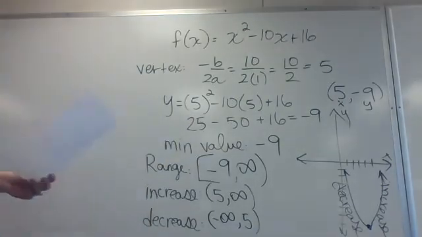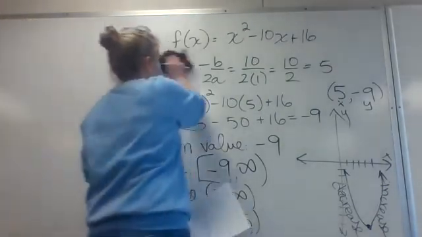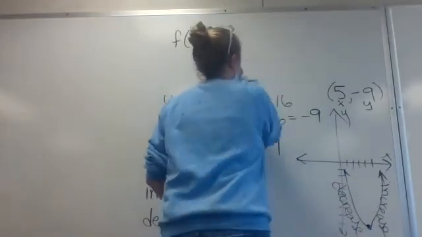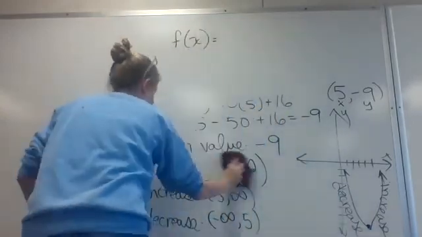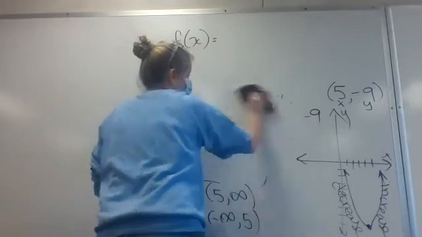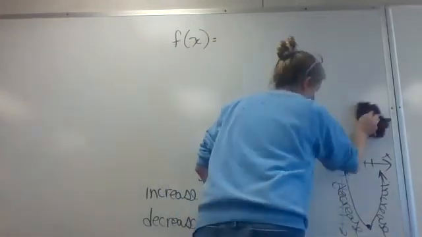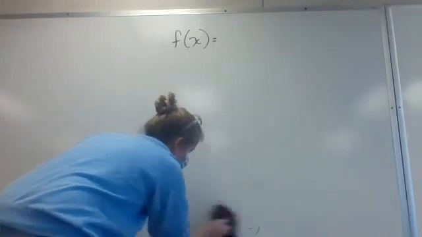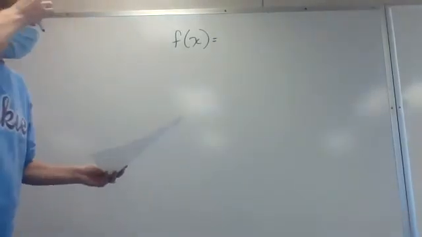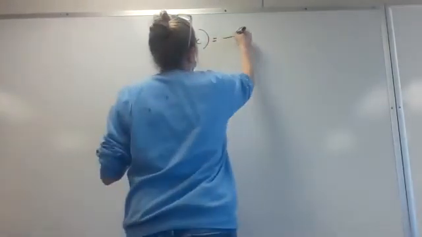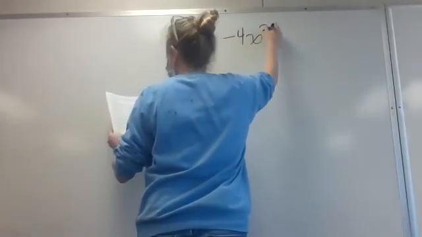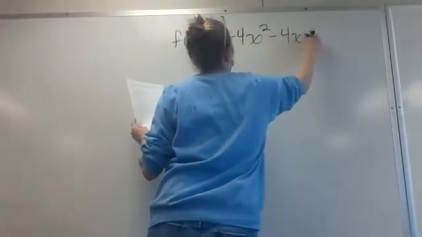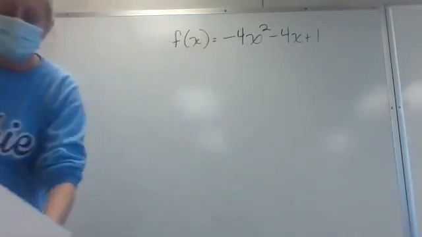All right, last one we're going to do today, number 14. Did it ask me all the same exact questions? Just a different function. F of x equals negative 4x squared minus 4x plus 1.